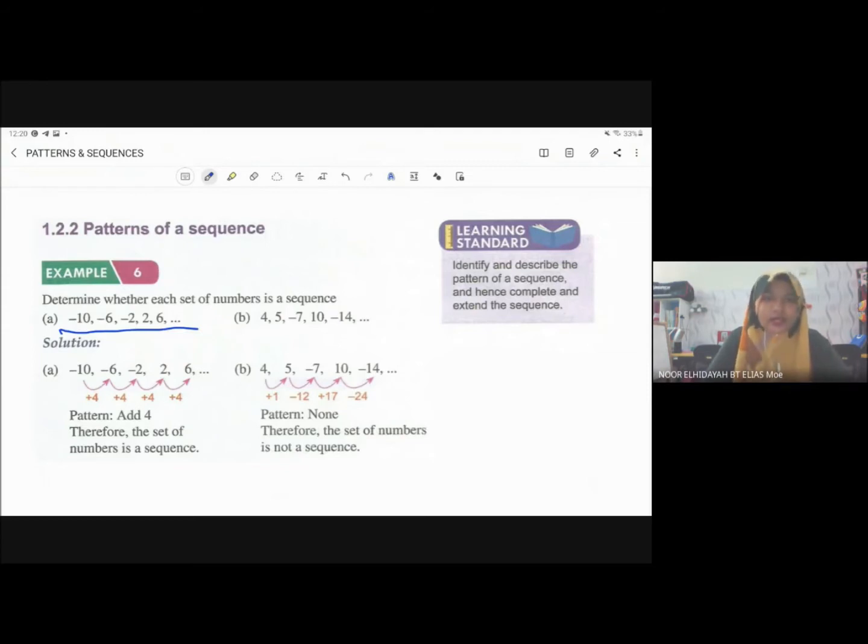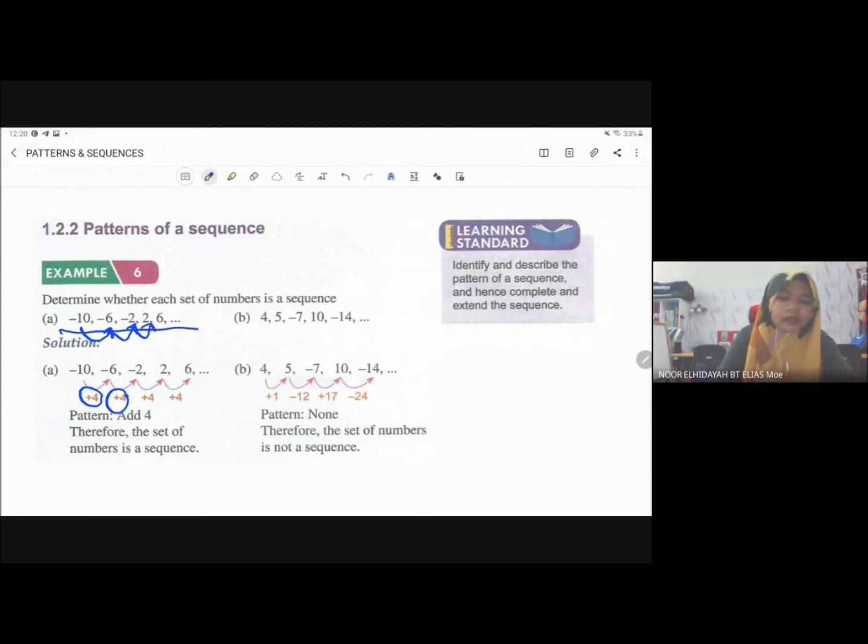Look at example 6a. From -10 to -6, di sini dia dah tunjukkan adding 4. And then -6, macam mana boleh dapat -2? Juga adding 4. And -2, macam mana boleh dapat 2?